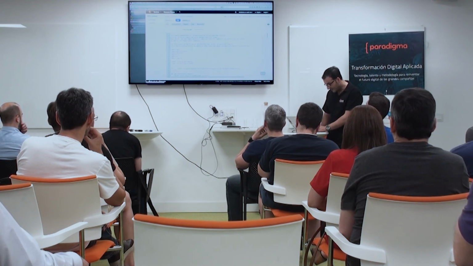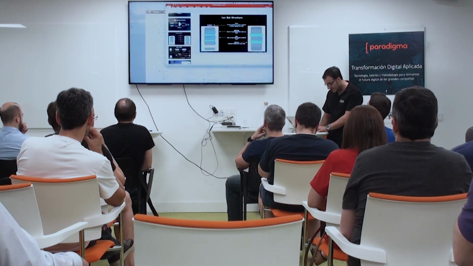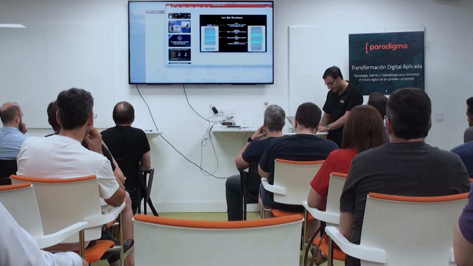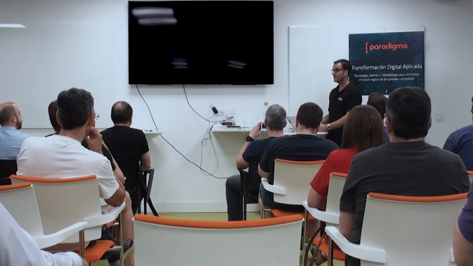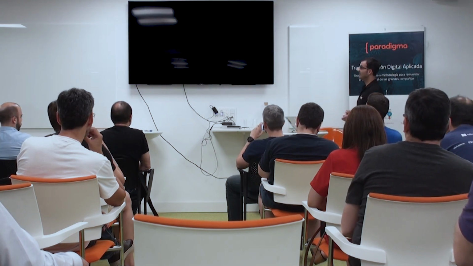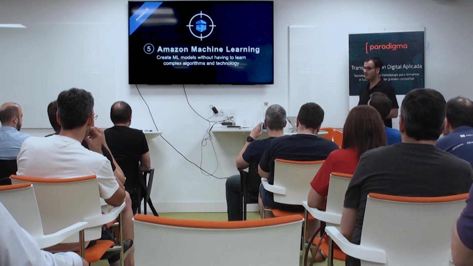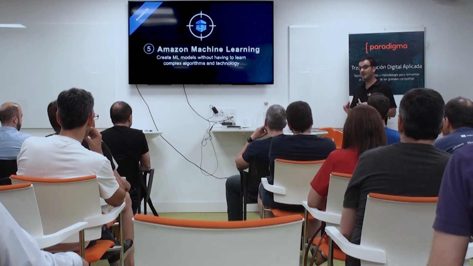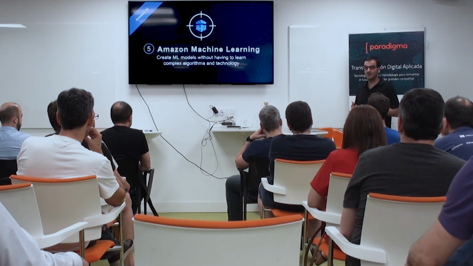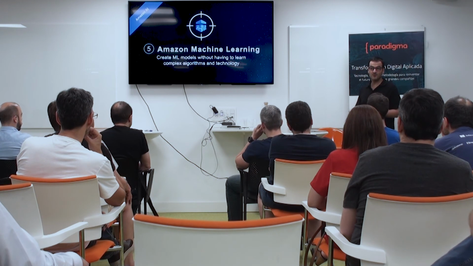And the last service I wanted to show you is machine learning, this is basically supervised learning. This is a service that has been available in AWS for 3 years already. These are algorithms that are IP property of Amazon.com retail that are available for you to use.